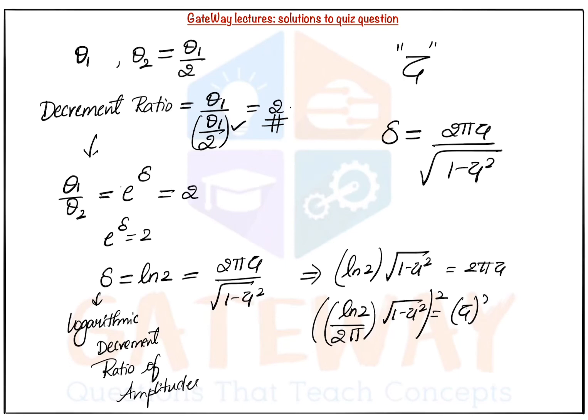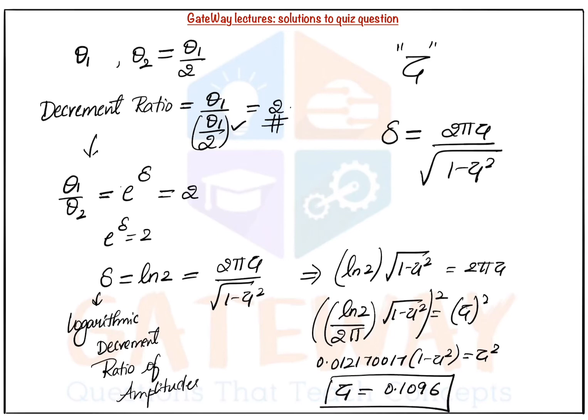We square both sides to simplify faster. Then we get 0.012170017 into 1 minus zeta square equal to zeta square. Simplifying, we get the value of zeta as 0.1096, and this is our answer for the damping factor.